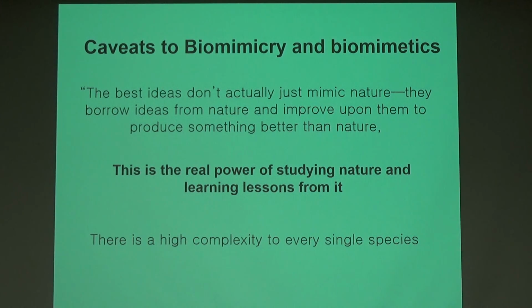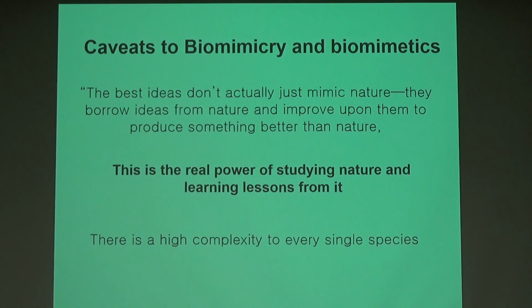And biomimetic science is not just about copying everything about nature and then trying to implement that in the technology or to solve your problem. They borrow ideas from nature and improve upon them to produce something better than nature.